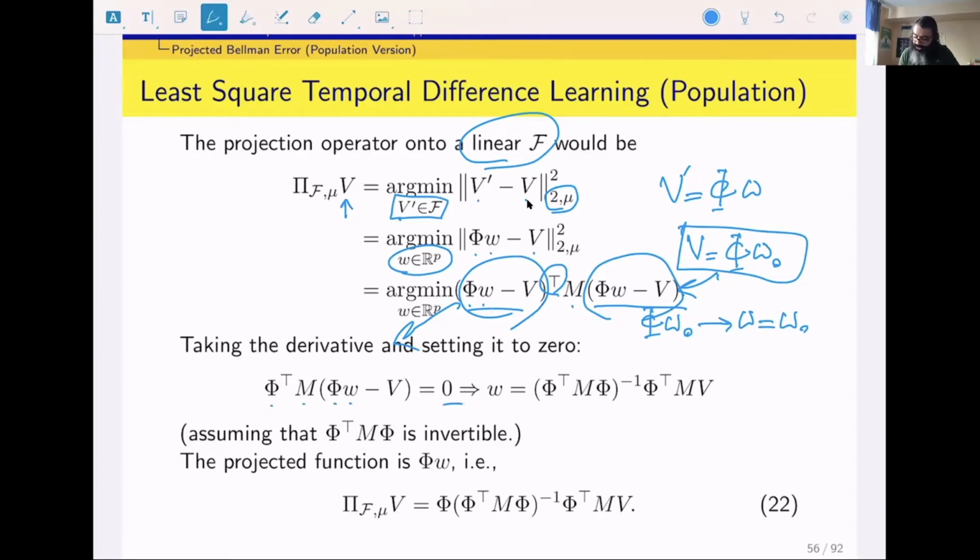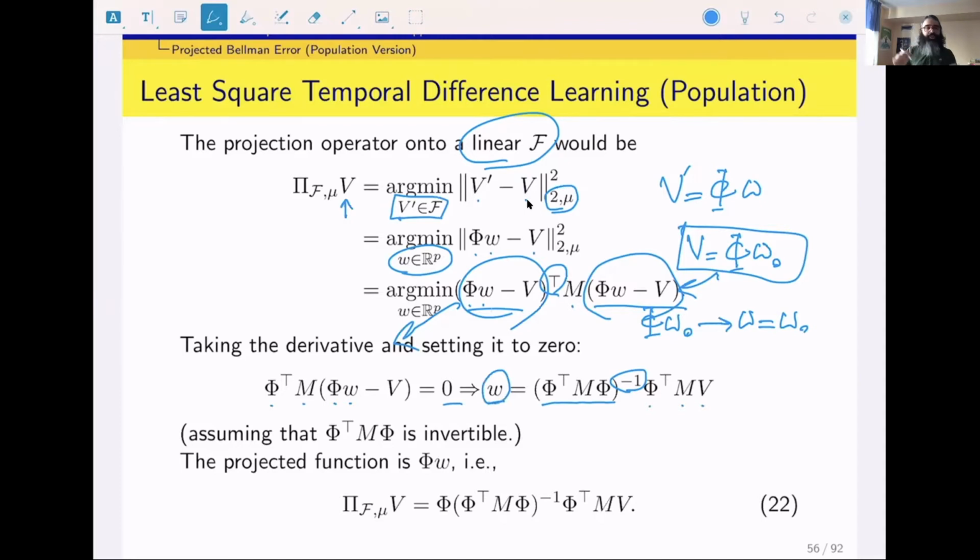I can rearrange it and solve to get W equal to (phi transpose M phi) inverse times phi transpose times M times V. This looks complicated, but it is just simple algebra. This is the best W we find.